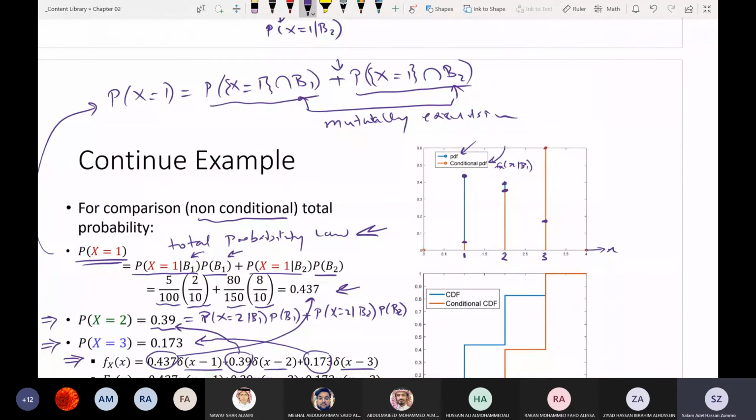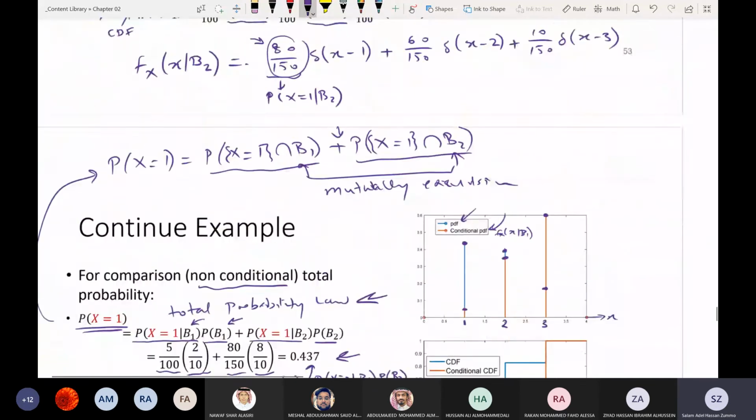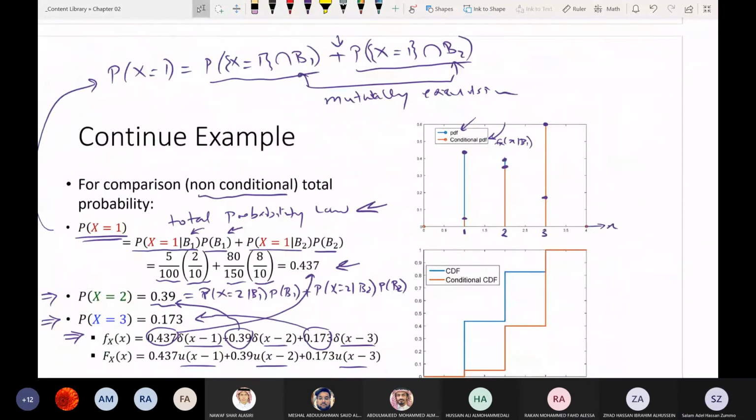And at 3 it's 0.6. So you can see that given b1, the probability that x equals 3 is much larger than without conditioning, while given b1, the probability that x equal 1 is extremely small compared to without conditioning.